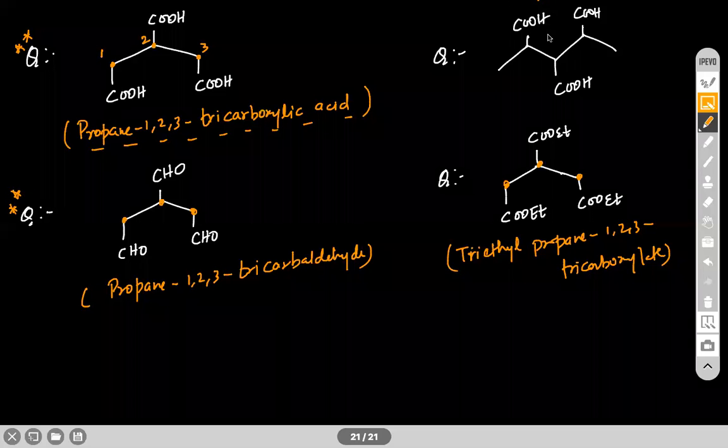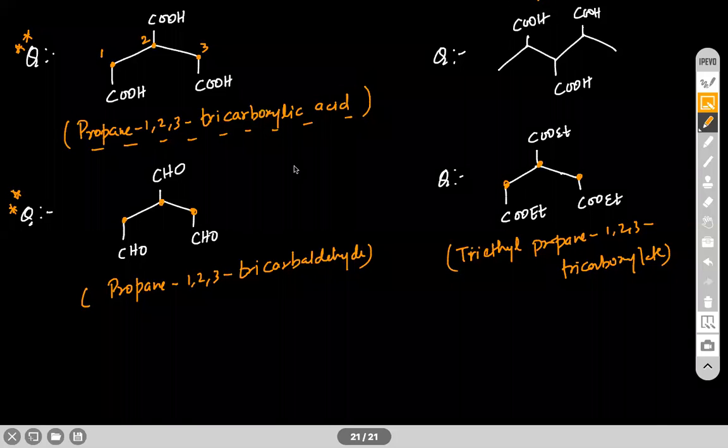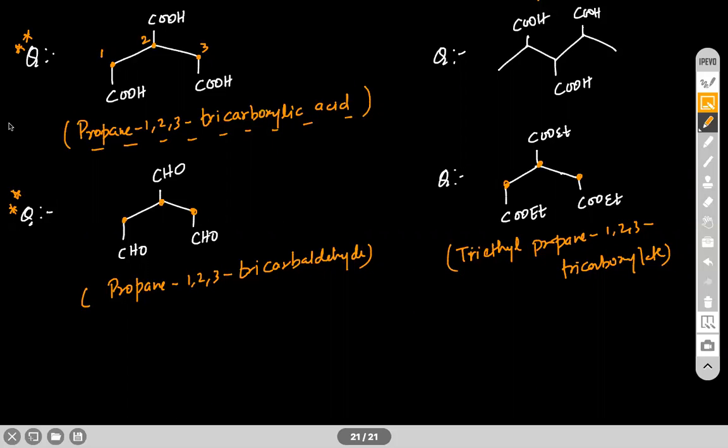Done? Understood? Yeah, correct. Now, write down the heading, nomenclature of aromatic compounds. What is this compound? This compound is benzene.